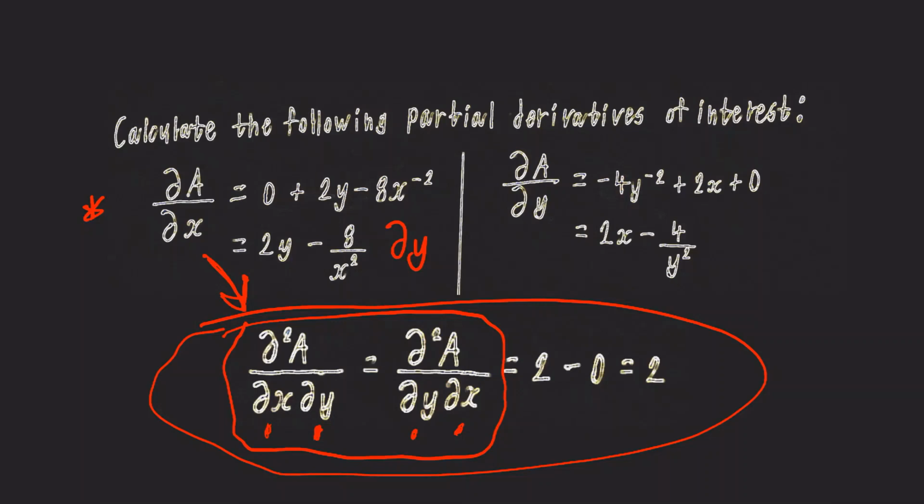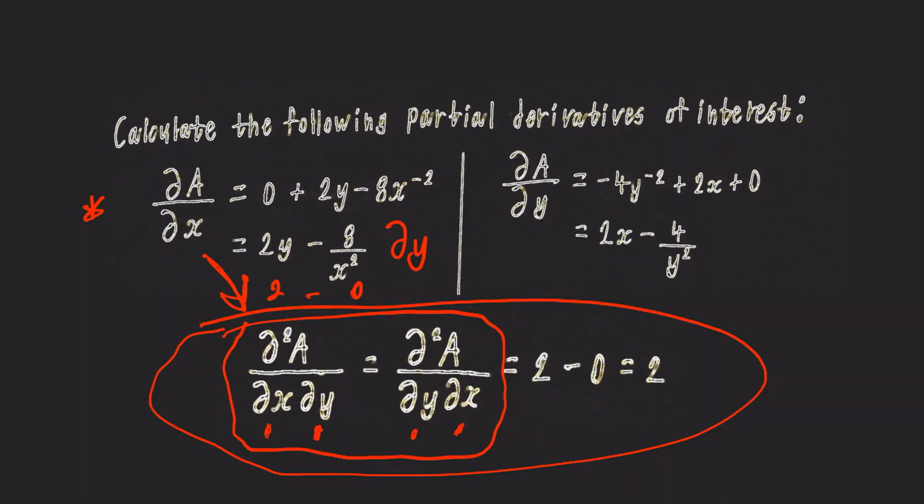And when we do that, for 2y, we're just going to get 2, because the derivative of y with respect to y is just 1. And then the other thing is just a constant, because now we're taking x to be a constant, so that's just 0. So 2 minus 0, it's just going to be 2.